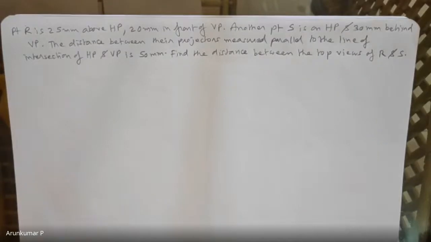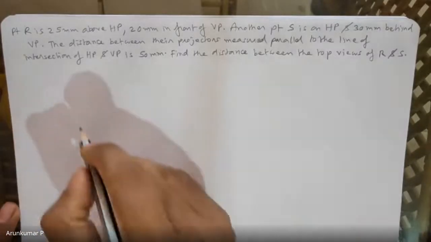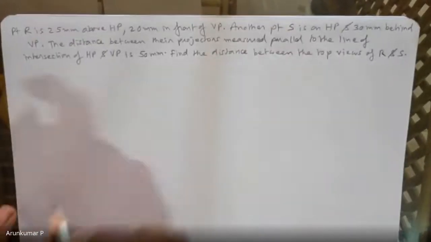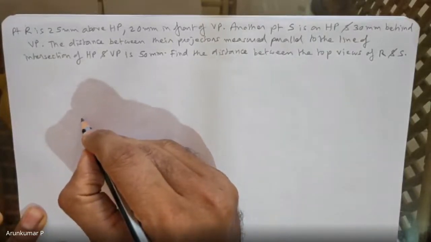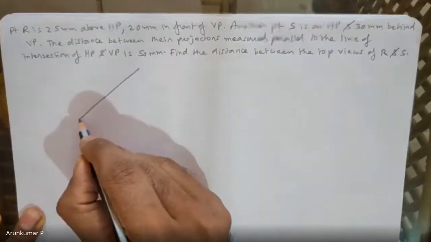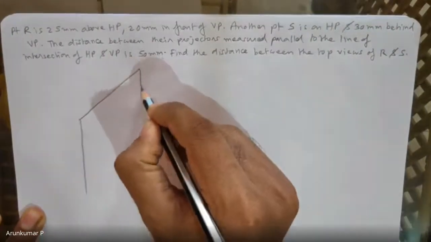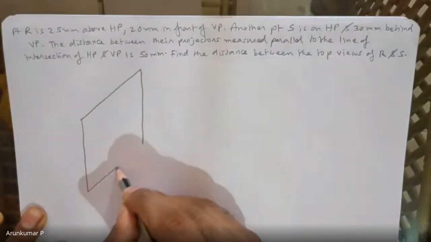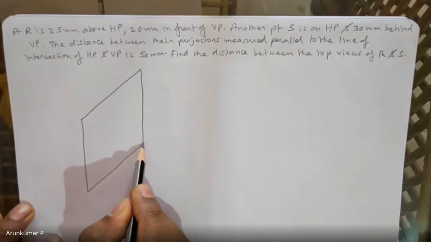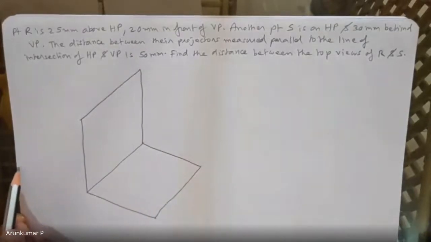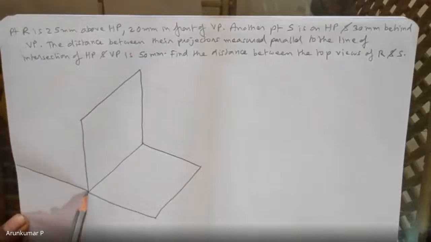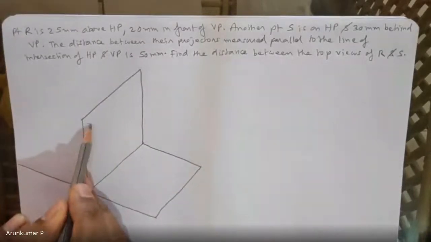So let me draw it in 3D first. It will be a bit tricky to draw. Anyway, I'll try. We are dealing with the first and the second quadrant, so I'll draw only those. Please observe. VP is common to both first and second, so no problem. I'll draw VP. I'll draw HP also. This portion of HP is in the first quadrant, and the back portion is for the second quadrant.